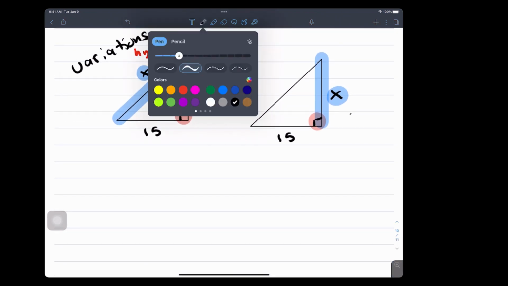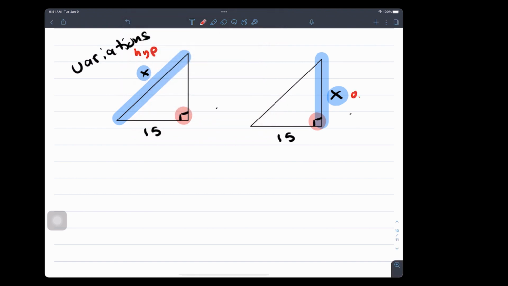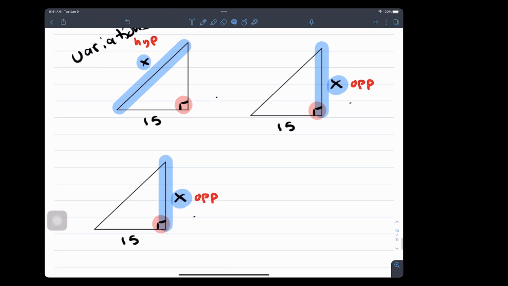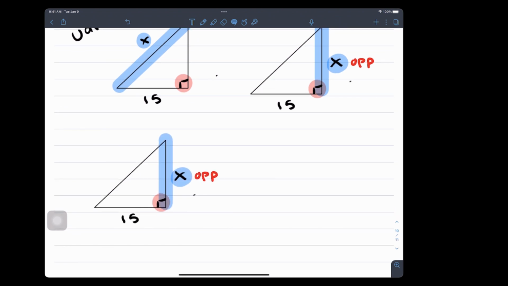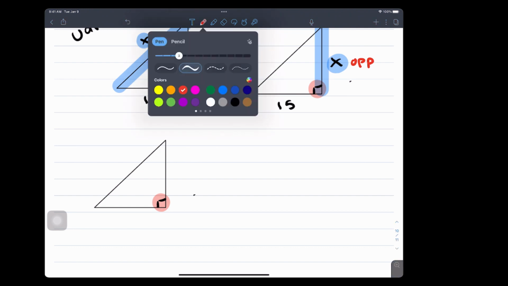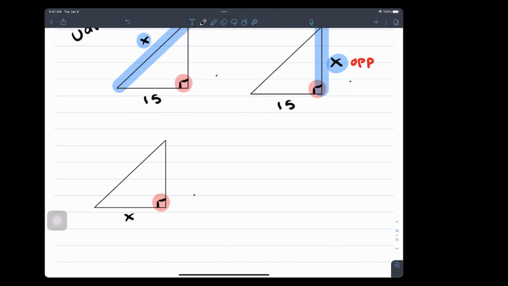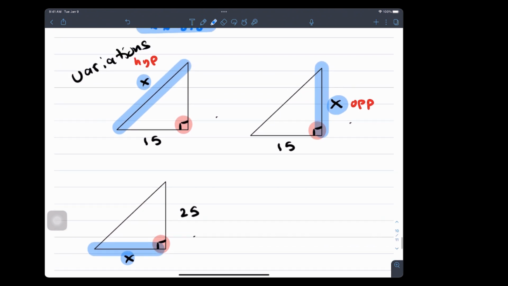So notice again, they gave you over here, this is going to be the opposite side. Is that right? And then another variation of this theme. And let's change this on you. Variations, x, and then maybe they'll give you 25. And I want to point out now that with these variations, we've got to identify what we're trying to find.